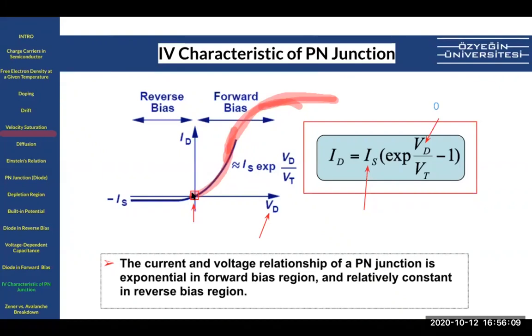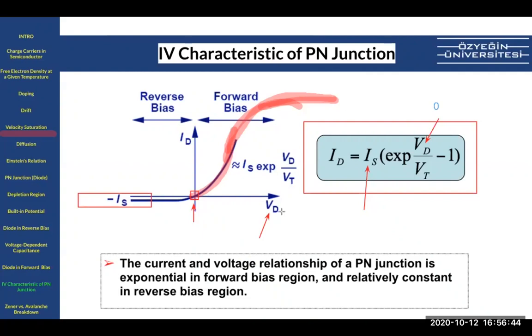And let's apply something like VD equals minus infinity, right? The exponential of minus infinity is 0, and 0 minus 1 is minus 1. Minus 1 times the saturation current is minus the saturation current. As you see here, we have minus saturation current, eventually saturating towards that current when we increase the reverse bias of that junction.